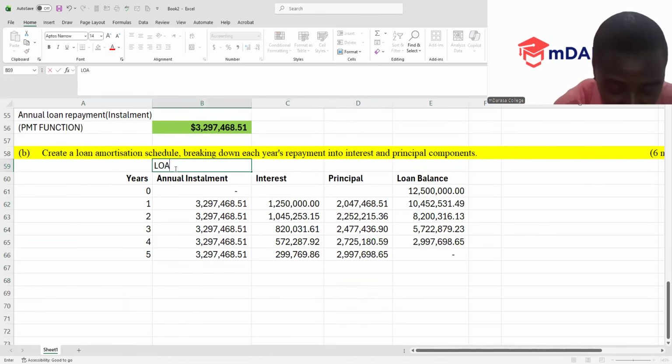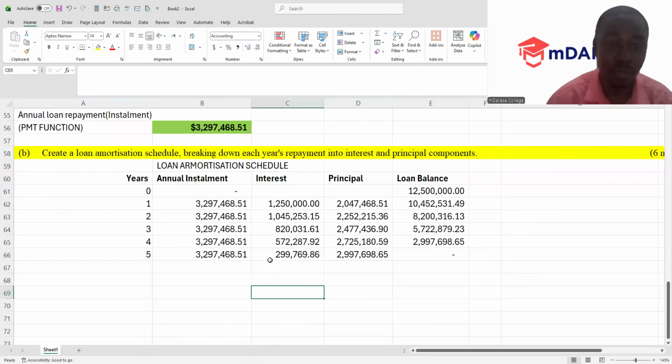Just a few steps. So there we have our loan amortization schedule for the 5 years as you were asked by our good examiner to prepare. See, you scoop all your marks.